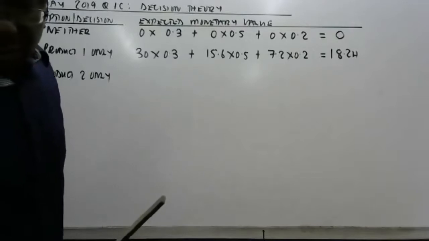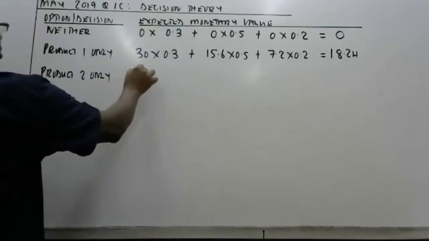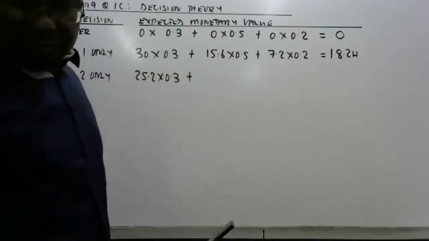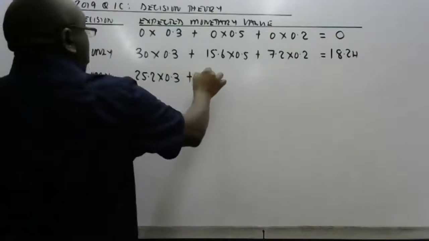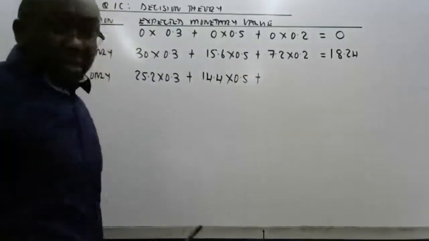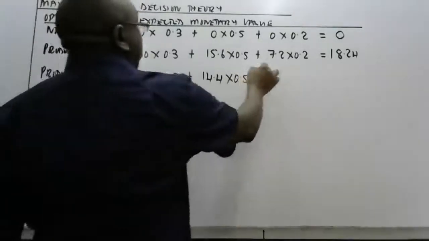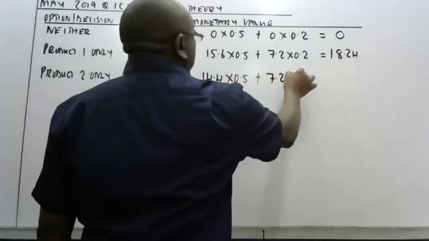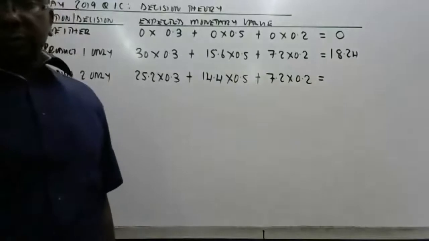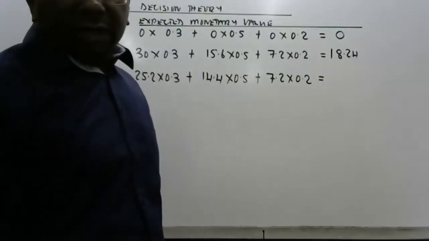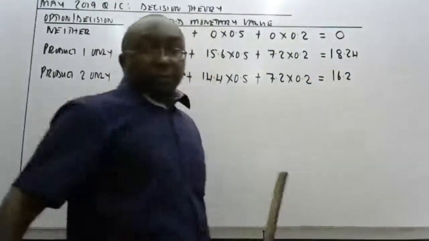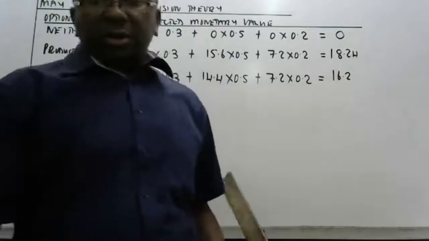So for product 2, we have 25.2 times 0.3, plus 14.4 times 0.5, plus 7.2 times 0.2. Yes, Jared is giving 16.2. Yeah, I can see Ibrahim also.